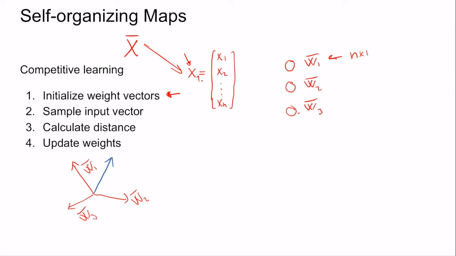So we calculate the distance from this vector to these other vectors. And this could be the Euclidean distance. And the one that is the closest to this vector, x, is the one that is selected. So that's why it's competitive learning. We select only one, the closest one, and we update the weights of that vector.